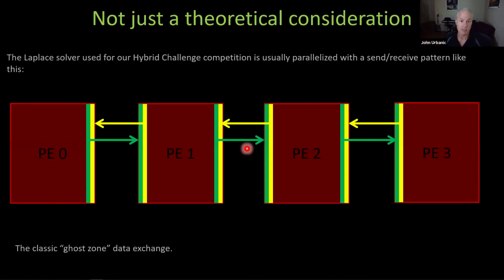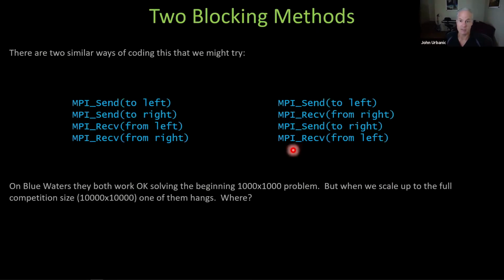And we can even see this with the Laplace code. This isn't strictly theoretical. In the Laplace code, we're doing these kinds of exchanges between ghost zones, and they are all trying to exchange with their neighbors at once. What if the buffers are large enough that they trigger this problem? By the way, this actually happens on real machines.